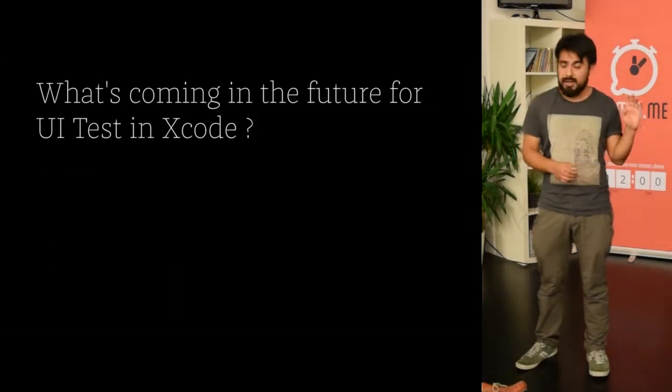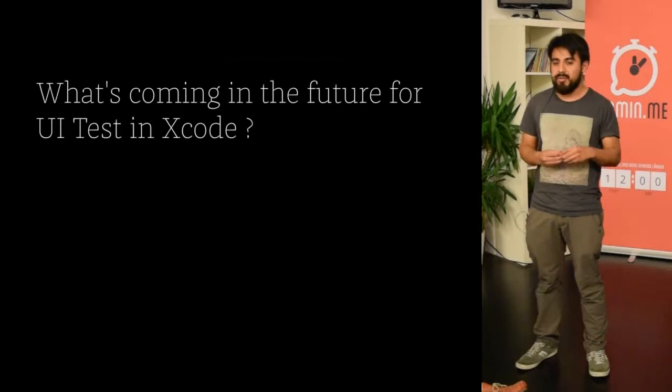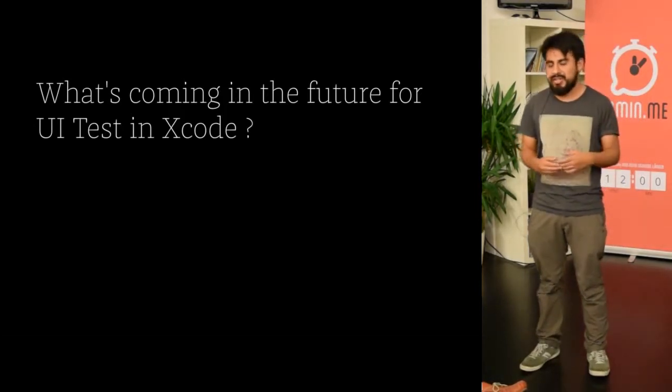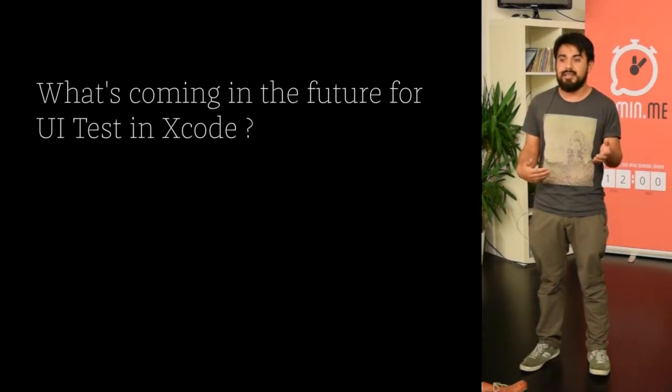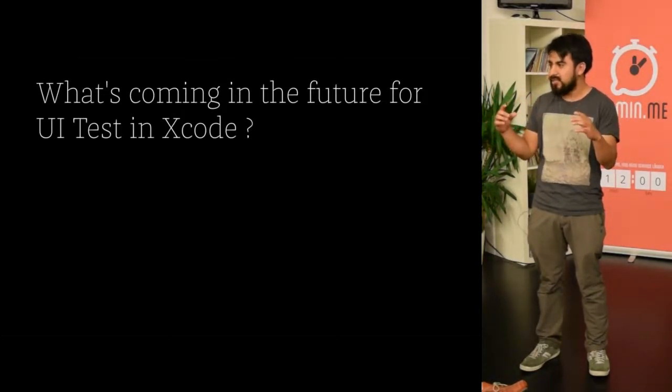Just saying, I hope, and this is a hope, they invest more time in the stability. They don't make the same mistakes as with the UI automation. It's a beta, right? So it's still unstable. I hope Apple tests their test framework because there are still some bugs that are pretty dumb. For instance, if you want to type something in a text field, it can fail because the simulator is not able to load the keyboard. In the simulator you can actually click on a text field and type without loading the keyboard.